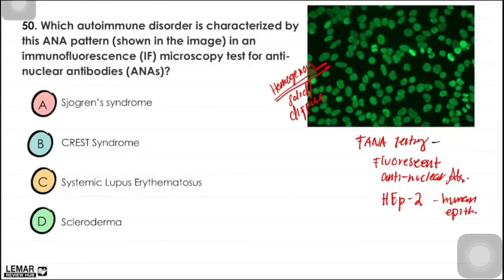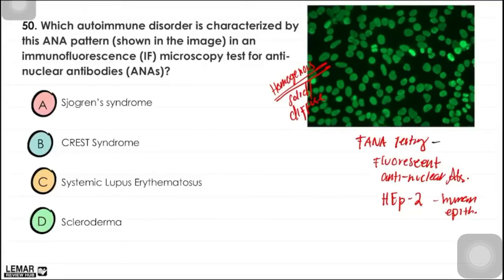From that table, we know that this is the homogeneous, or solid or diffuse, pattern of ANA. This pattern suggests the presence of anti-nuclear DNA: anti-dsDNA, anti-single-stranded DNA, anti-DNP or deoxyribonucleoprotein, and some antibodies to histones. The homogeneous pattern highly suggests the presence of anti-dsDNA.